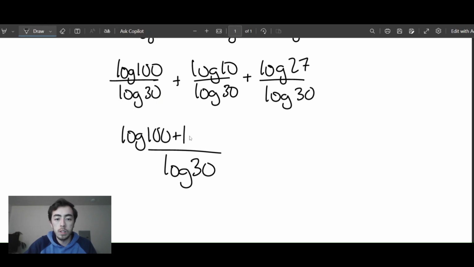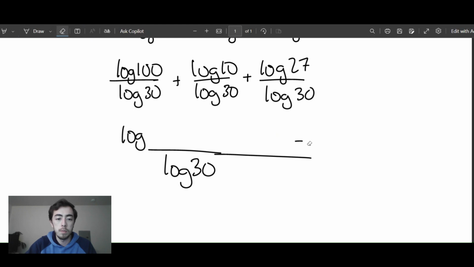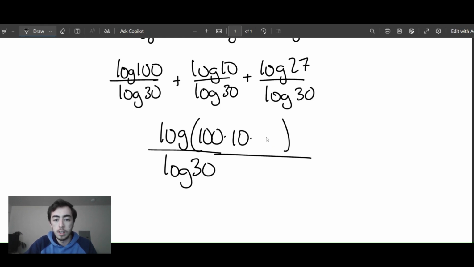And earlier I was talking about that log rule with sums, where if I have the sum of logarithms, I'm allowed to multiply all of those arguments together and do the log of a product. So I'm going to do 2 steps at once here, and I'm going to do log of 100 times 10 times 27.